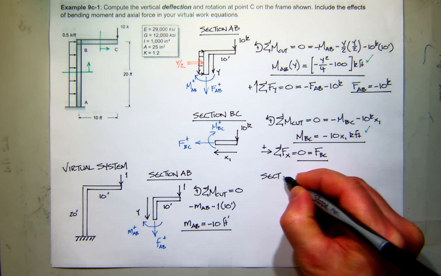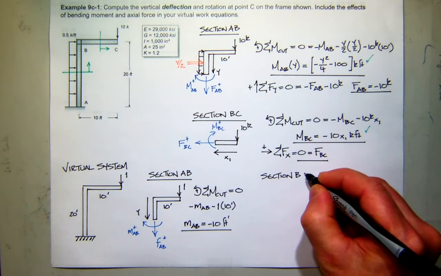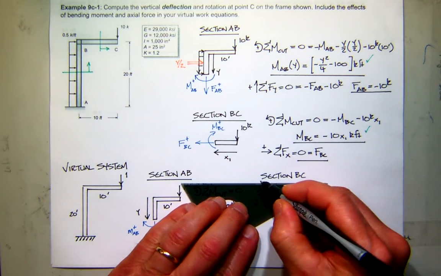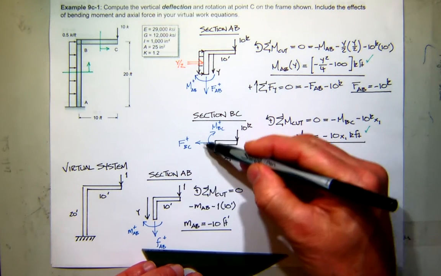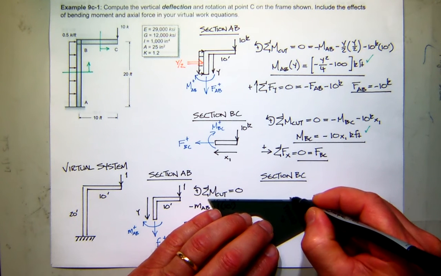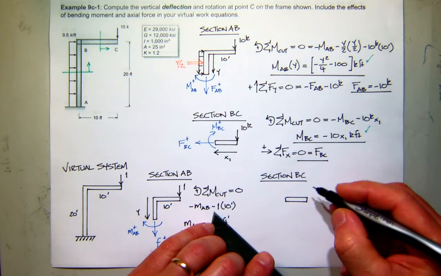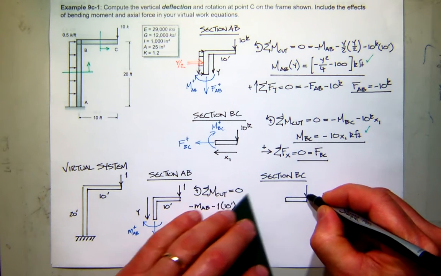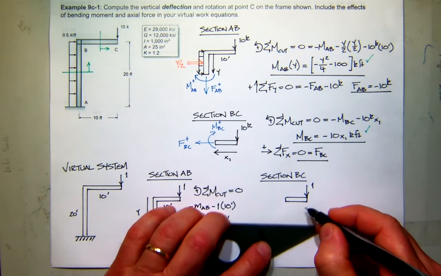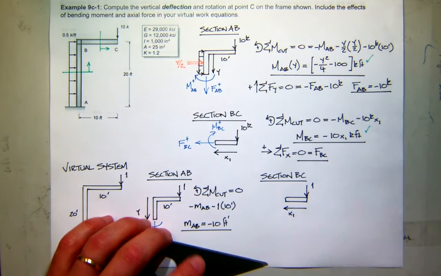And then we'll go to the next section, which will be section BC. And again, we've already established a coordinate system and a free body diagram system, so we're going to use it again. Except our virtual load on that system is 1. We've already chosen a direction, so we're going to use the same one.